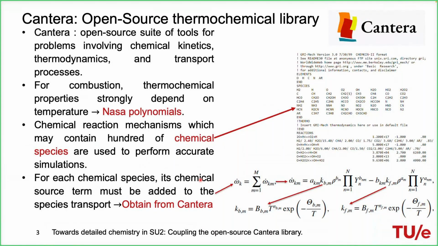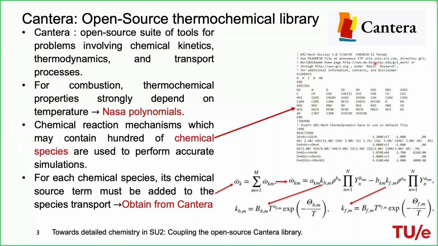For combustion applications, the thermochemical properties strongly depend on temperature. So if we would like to perform detailed chemistry, we will need to get the information from NASA polynomials in order to compute, for instance, the heat capacity. At the same time, in combustion, we require chemical reaction mechanisms which may contain hundreds of species.